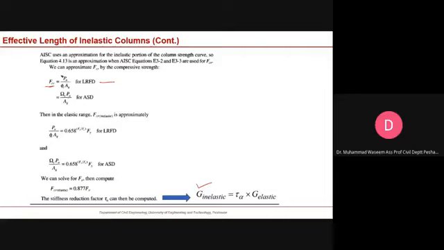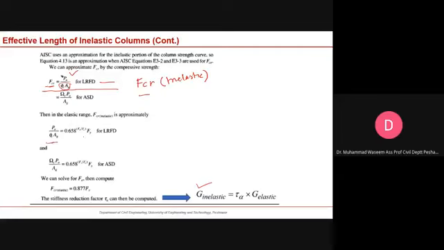If you are using LRFD, you can directly estimate this: the inelastic critical stress is Pu divided by this factor. Once you have this value, you can use this equation.